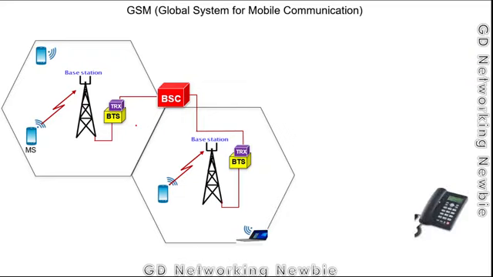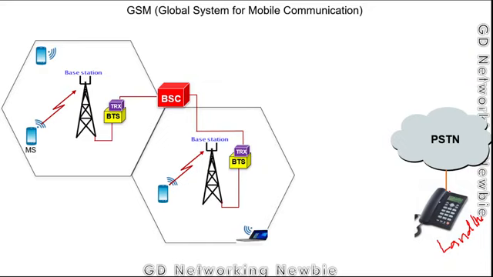Let's say we have a fixed telephone set. So fixed, maybe we call them landline numbers. So that's a landline number here. And if you are calling some landline number, landline numbers are actually connected with telephone exchanges, and generally we call them PSTN. That stands for public switched telephone network, PSTN.